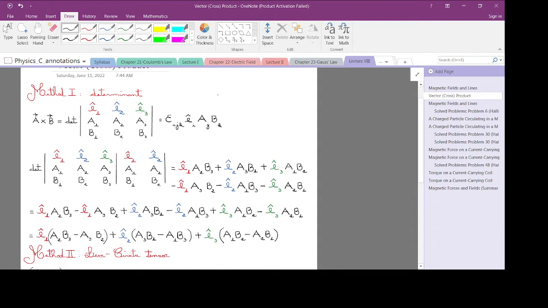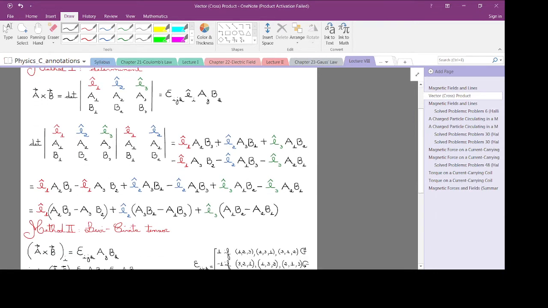A very common and popular one, in first year engineering classes, is using the determinant. You calculate the determinant using the unit vectors for each direction and the orthogonal components of the vectors that you want to operate the vector product on.